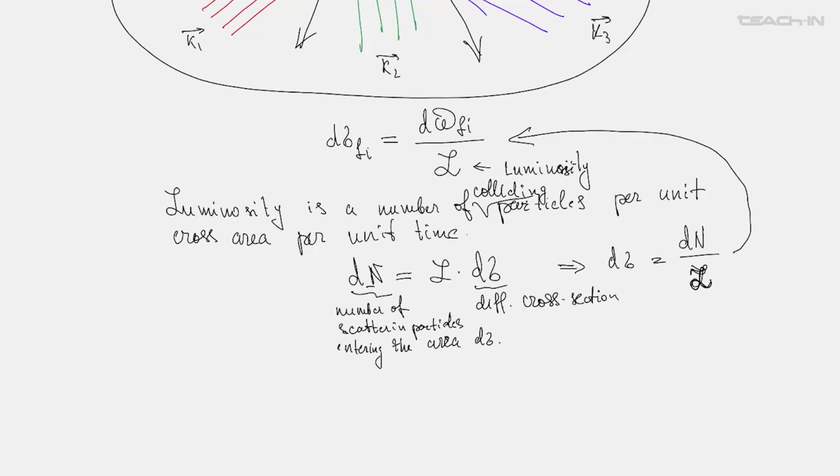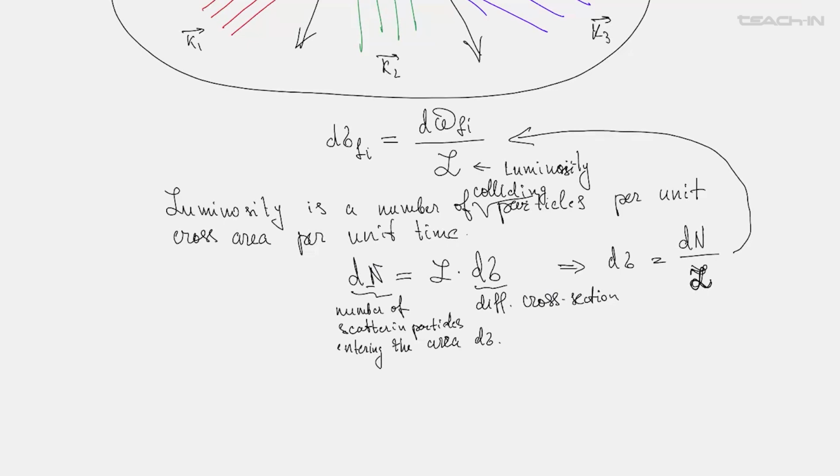Roughly speaking, it depends on how many particles will find each other to collide. And if they collide, then the weight of this collision is given by the transition amplitude.